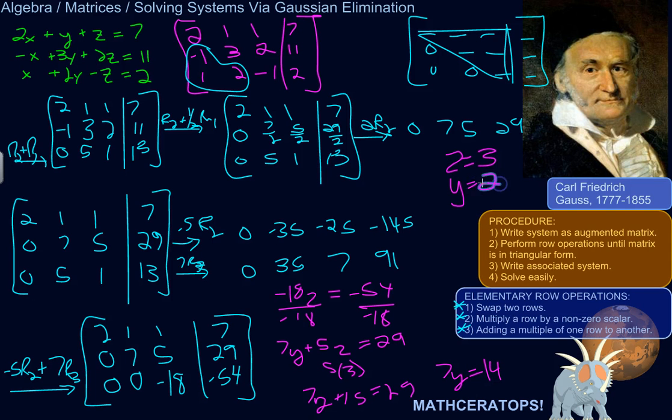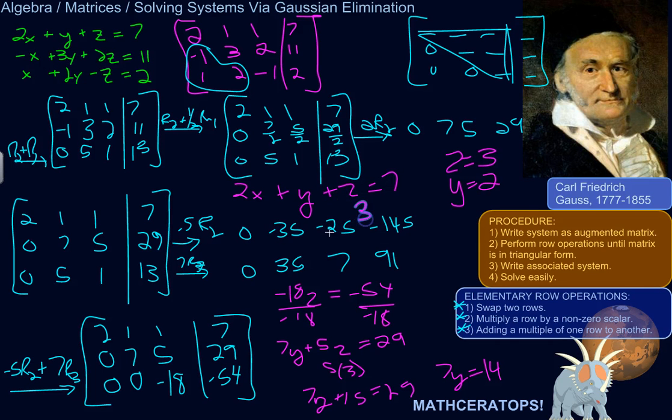See how we're just unraveling this thing like an onion? So we've got y and z. This last equation is saying 2x plus 1y plus 1z is equal to 7.